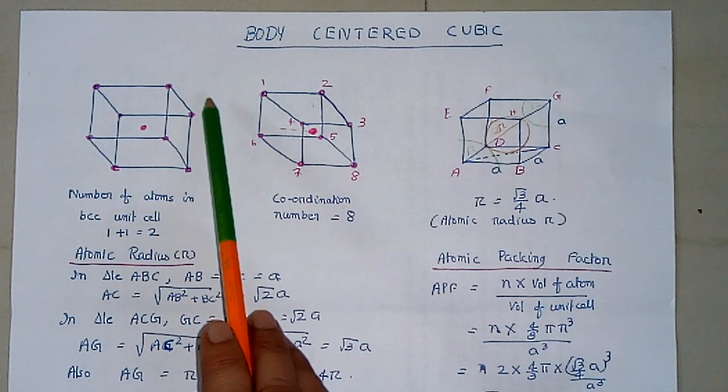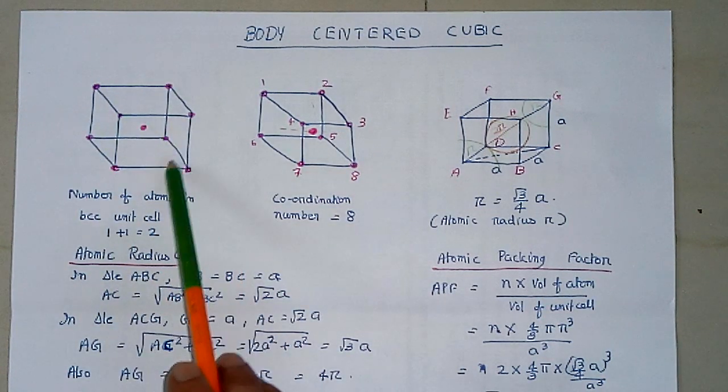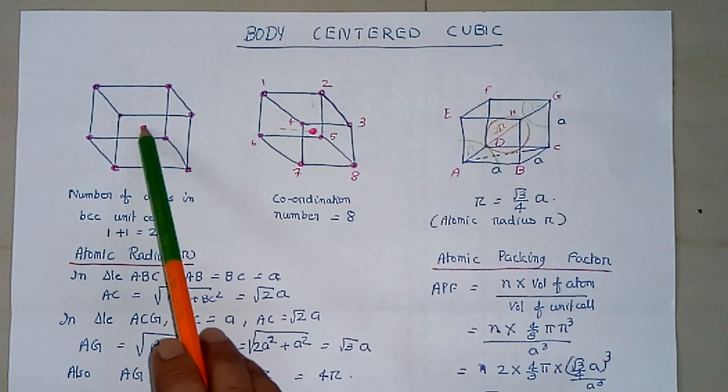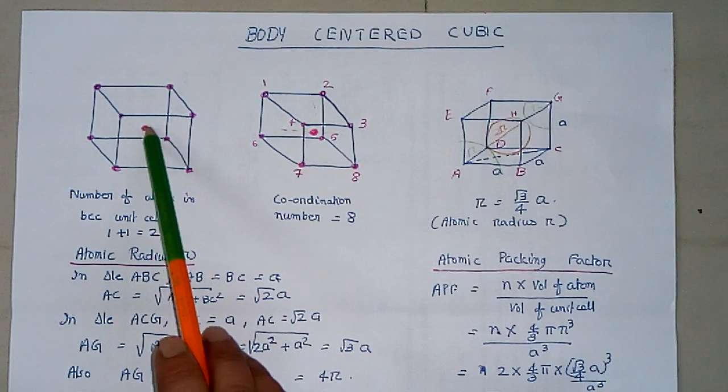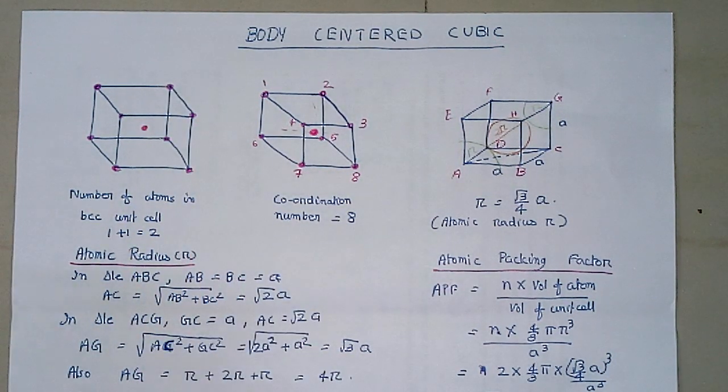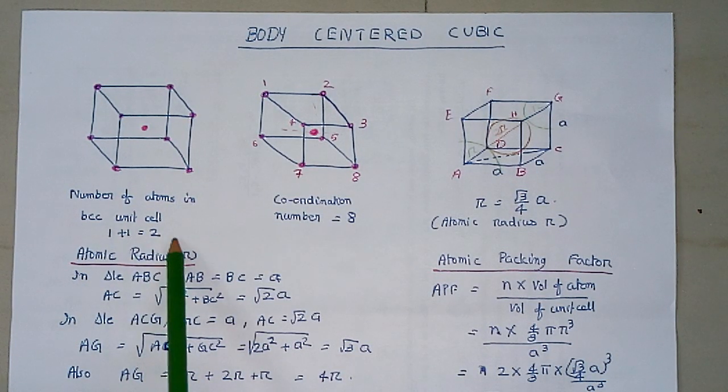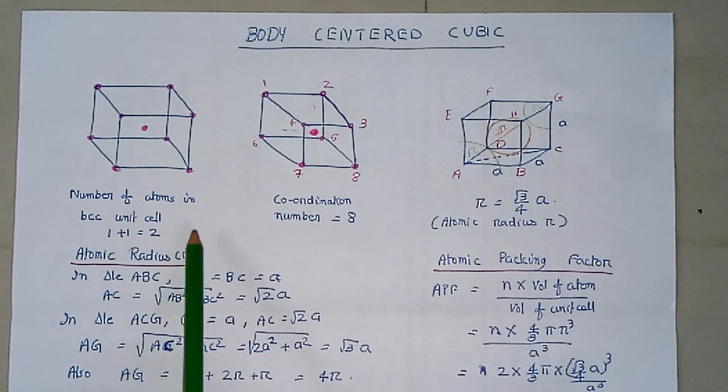Because of 8 corners, we get 1 atom from the corner atoms, and at the center of the cube, another atom is lying. So the total number of atoms in the BCC unit cell equals 1 by 8 into 8 plus 1, that equals 2. So for this, N equals 2.